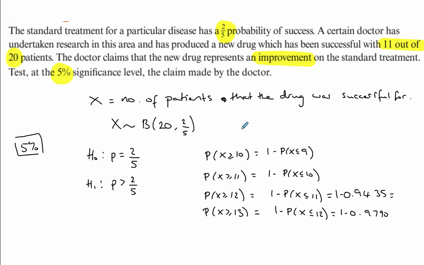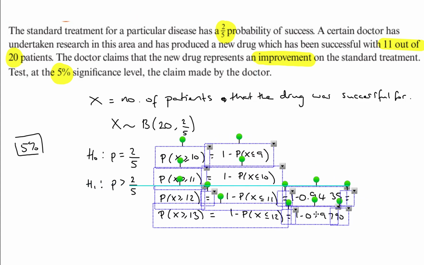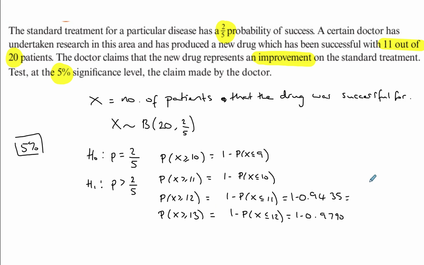So this value comes out at 0.0565, so that's 5.65%, and this value comes out at 0.0210, so 2.1%.